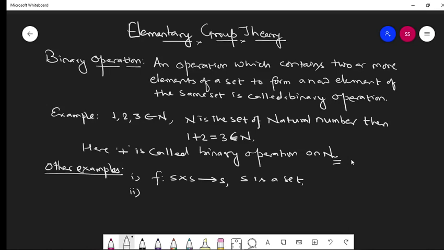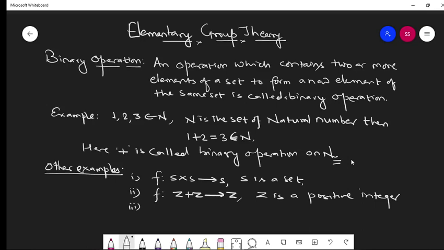Similarly, if f maps Z plus times Z plus to Z plus, where Z plus is the positive integers, the sum of any two positive integers is a positive integer. If that is verified, that is a binary operation.